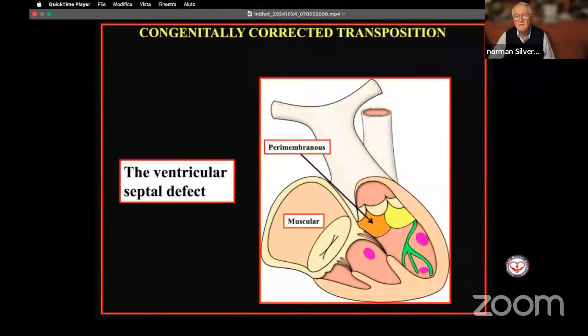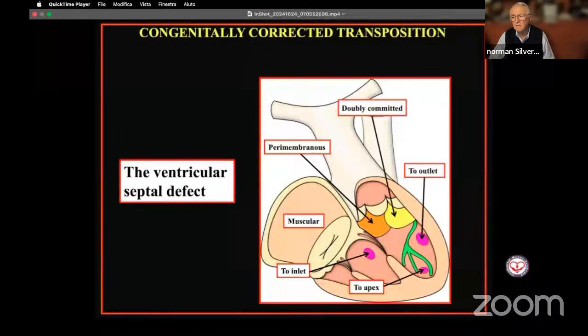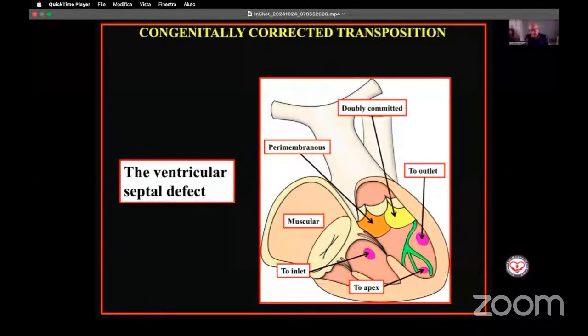And almost always in congenitally corrected transposition, the defects are perimembranous. Rarely they can be muscular, and as you would anticipate, those muscular defects can be in the inlet, the apex, or the outlet. And even more rarely, on occasion, the defect can be doubly committed. Now, there is a potential problem here, because I hope you will all remember that when we analyze ventricular septal defects, so as to determine the phenotypes, we look at them from the stance of the morphologically right ventricle.